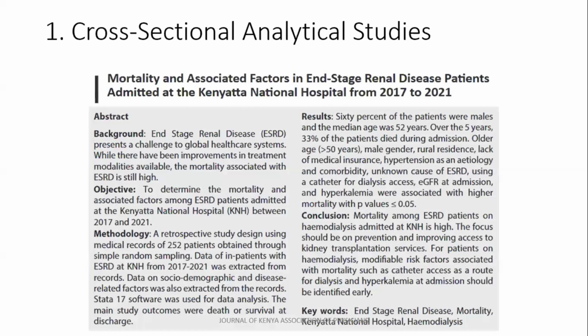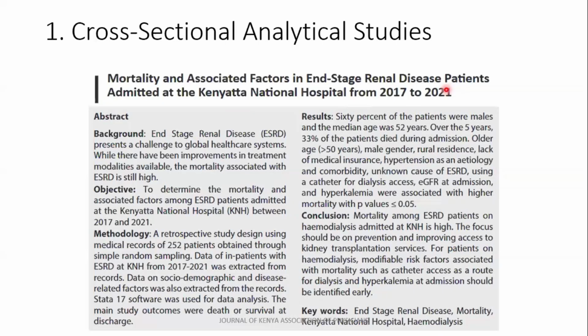So we look at this example. It's a cross-sectional analytical study published in the JOKAP March issue. It assesses mortality and associated factors in end-stage renal disease patients admitted at Kenyatta National Hospital from 2017 to 2021.